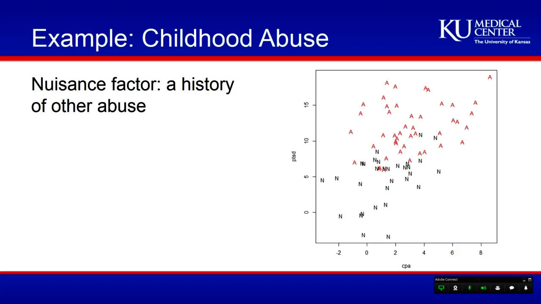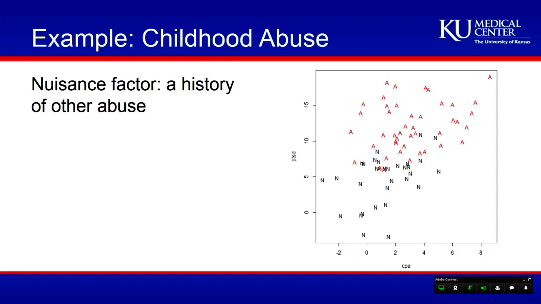And I see an obvious clustering here. Does everyone see the clustering? I see that those that are abused are in general higher on the PTSD scale than those that are not abused, the dark ends. But I also see separation here in those that have physical abuse and their likelihood to actually also suffer from childhood sexual abuse as well.